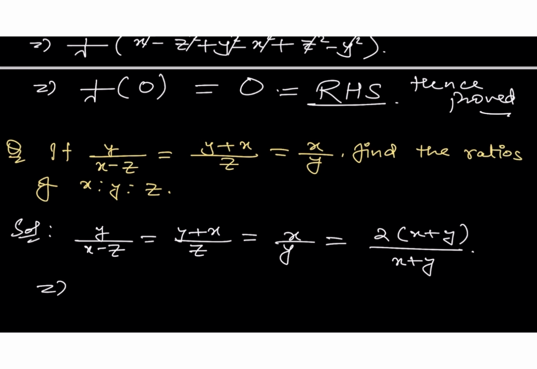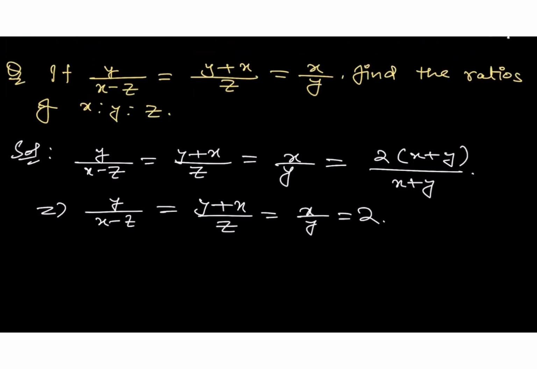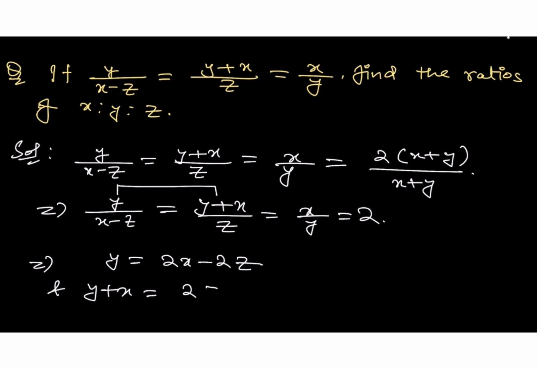So y upon (x − z) is equal to (y + x) upon z is equal to x upon y is equal to 2, right? Now by taking two at a time, y is equal to 2x − 2z and y + x is equal to 2z, right?